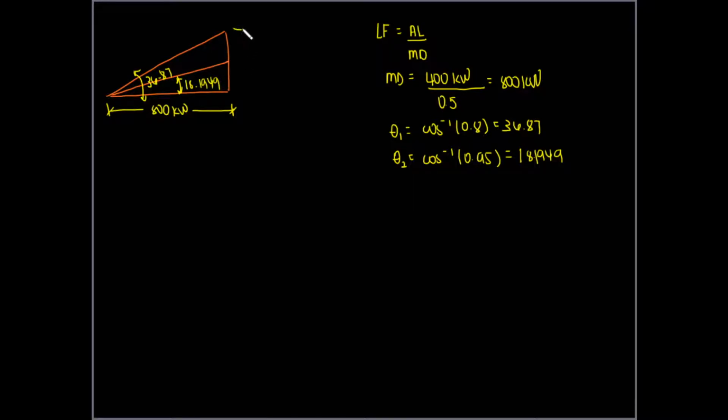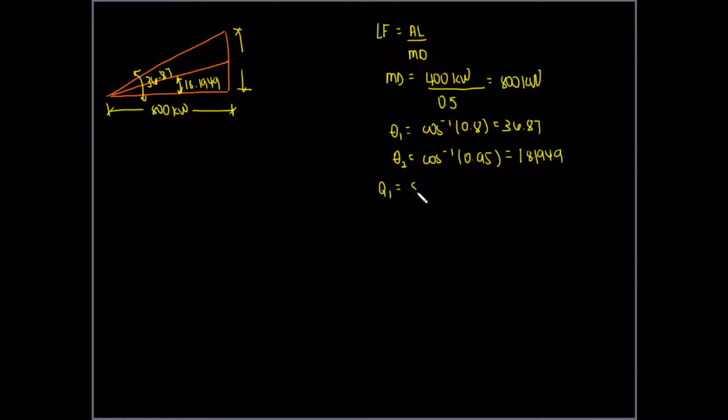So from the original angle, which is 36.87, we can solve for the original value of the Q, the reactive power. So trigonometric operations, obviously tangent, opposite over adjacent. Tangent 36.87 is Q1 over 800.